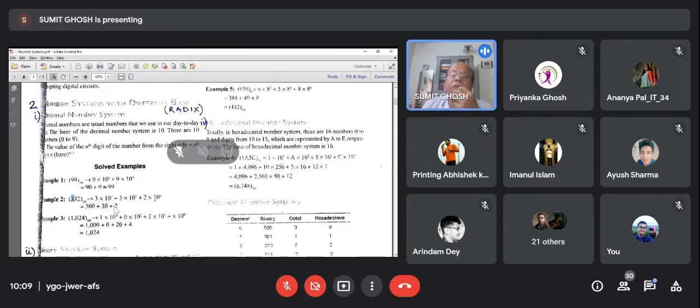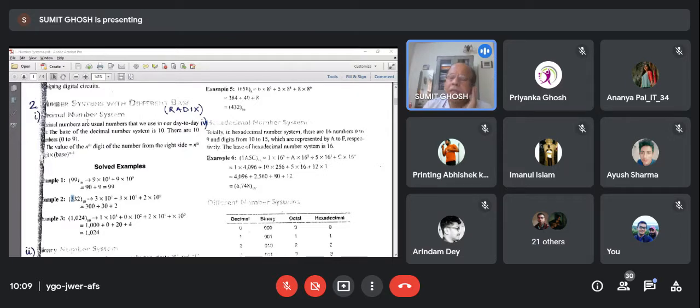The other one, which is very useful and very essential in digital logic circuits, is the binary number system, which has a base of 2. Now, base of 2 means how many different types of digits, or binary digits, are possible? 0 and 1. So there are many number systems, but four are very important.